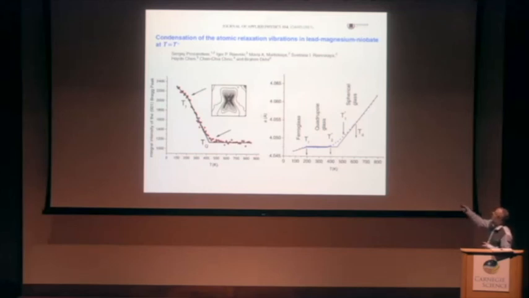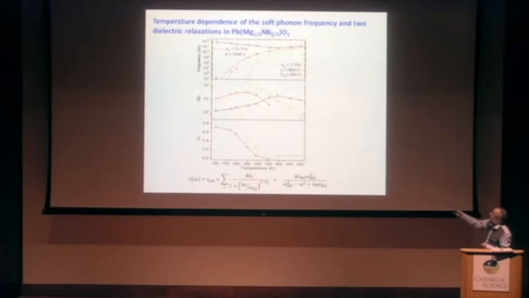Prosandeev published a few years ago a theoretical paper explaining that at high temperature we have a spherical glass, where the displacement is in any direction, and then below this temperature there is a quadrupolar glass, where some displacement is preferable. So practically the picture is that we have an E mode which softens around 400 Kelvin, and then below that, besides phonons, we have additional relaxations.